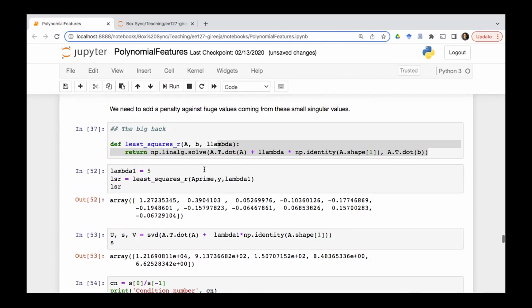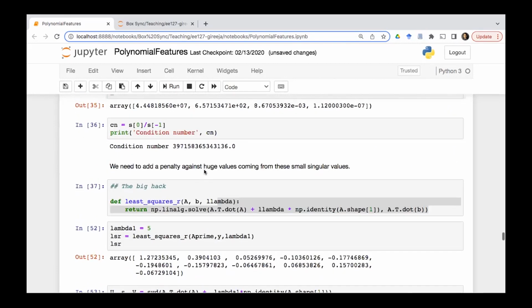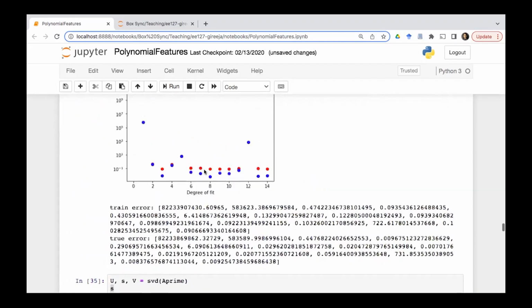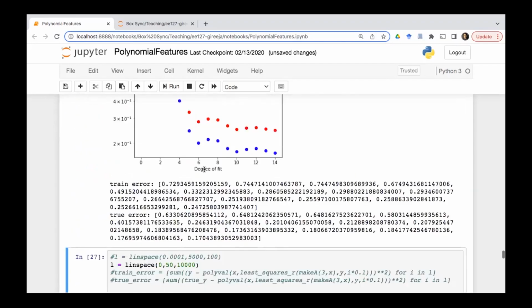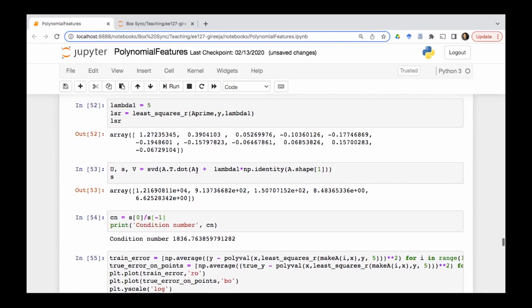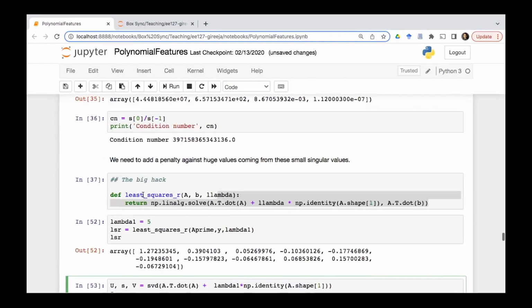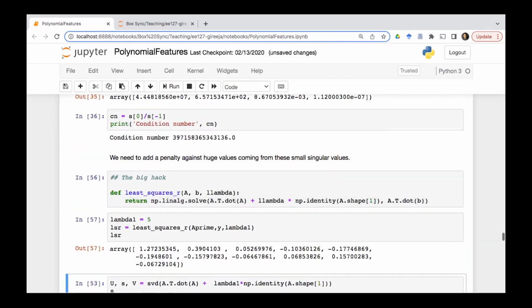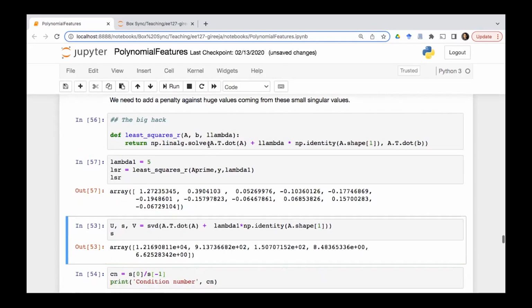Okay, I seem to have skipped a plot here. Okay, let me just do this the hacky way. So I define my A here.